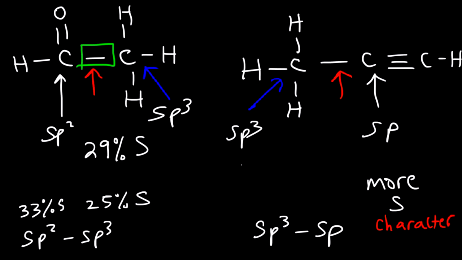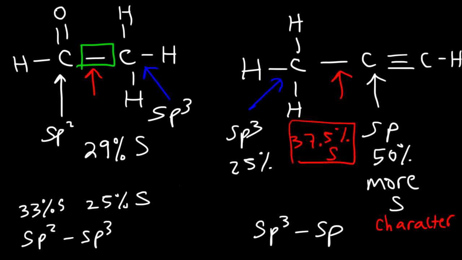Now on the right, sp3 we know it's 25% s and sp is 50% s. So if you were to average 25 and 50%, we would get a number that's like 37.5% s. So therefore, this bond has more s character, which means that it's shorter and stronger.